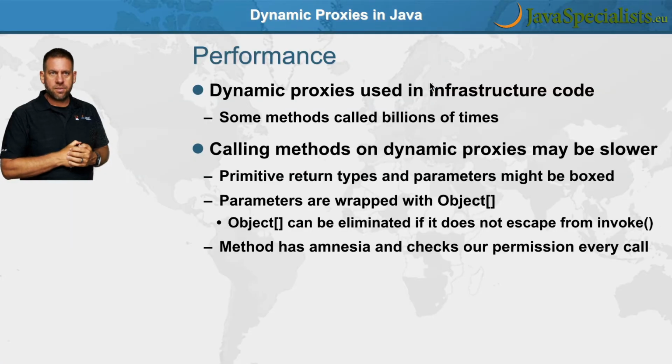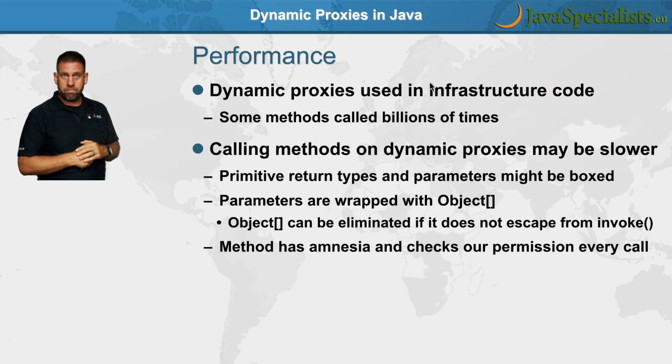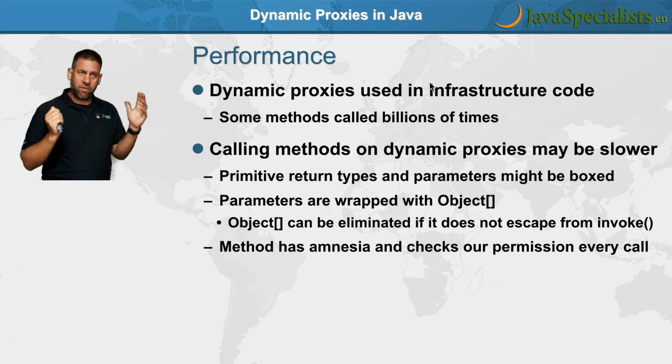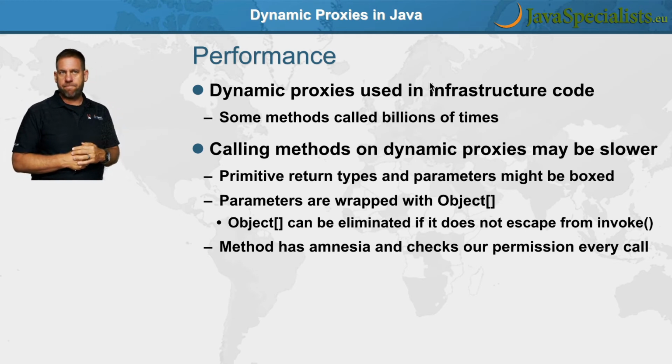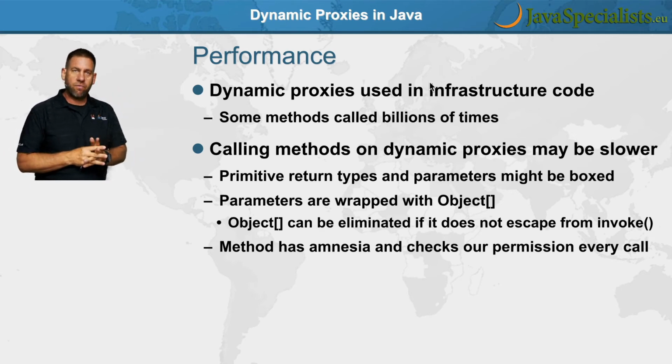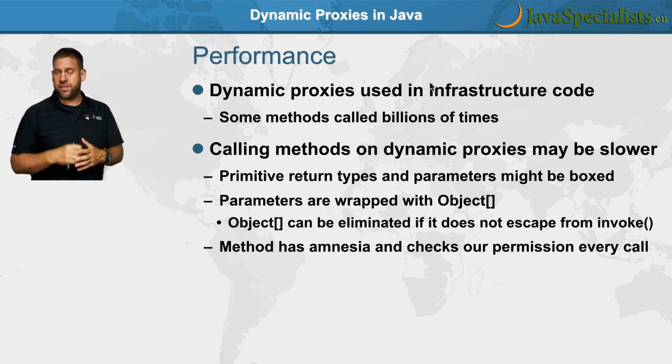These proxies are called potentially billions of times because it's part of infrastructure code, and so it's important that it's quite fast. And there's a few places where performance might suffer. First of all, with primitive types being boxed, both as parameters and as return values.